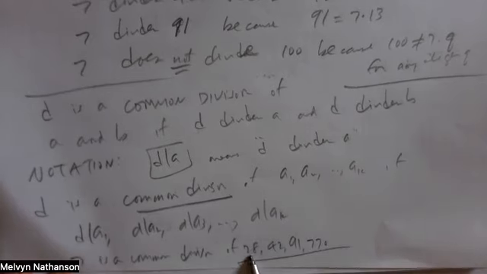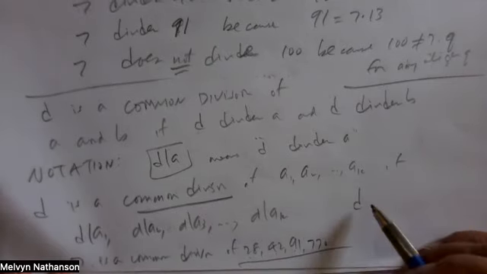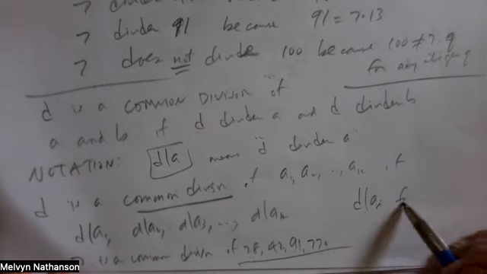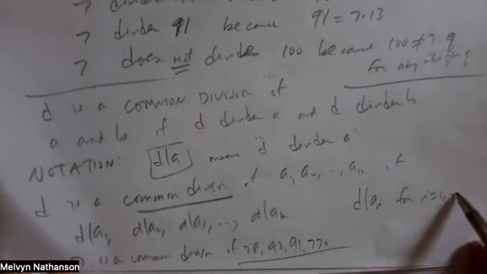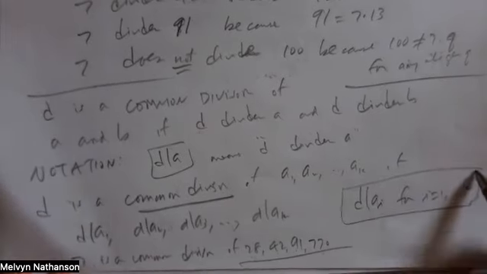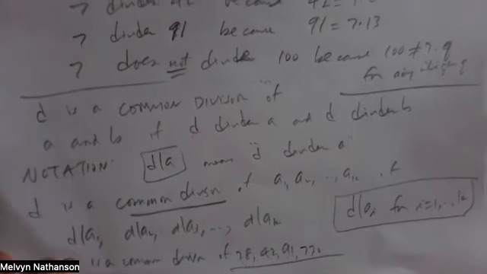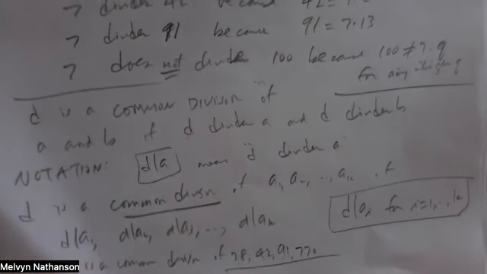Because 28 is 7 times 4. 42 is 7 times 6. 91 is 7 times 13. 770 is 7 times 110. Another way of writing this is D divides A sub I for all I from 1 up to K. That's the more concise mathematical notation for a common divisor.